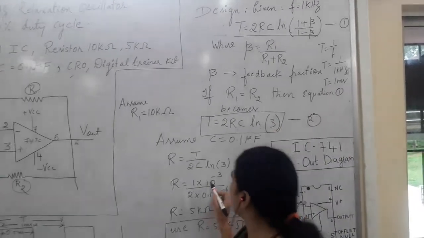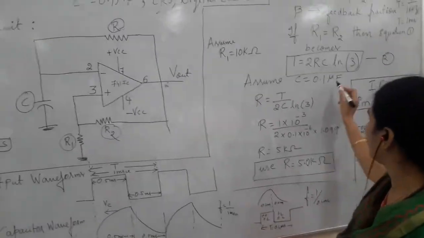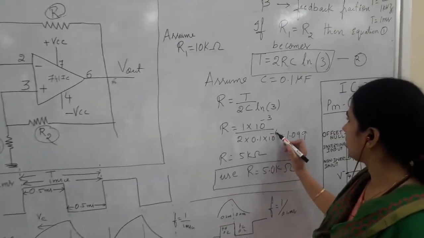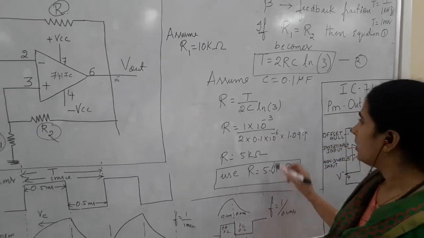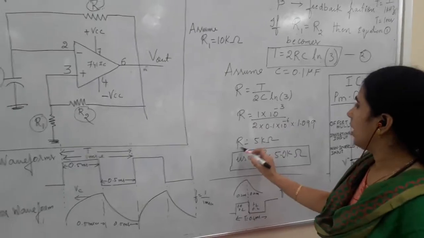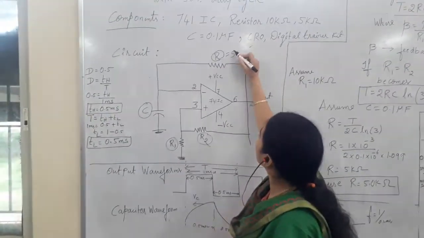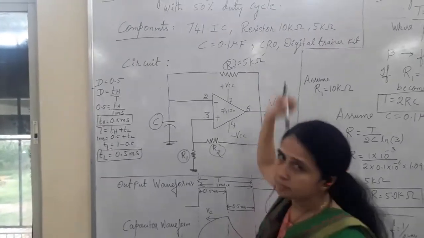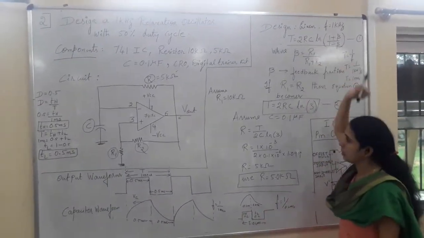Substitute 1 millisecond here, 2 into the assumed capacitor of 0.1 microfarad, micro is 10 raised to minus 6, and ln 3 is 1.099. After substituting this, we get the value of R as 5 kilo ohm. We have found one of the component values, that is R, by making use of the data as well as the formula.